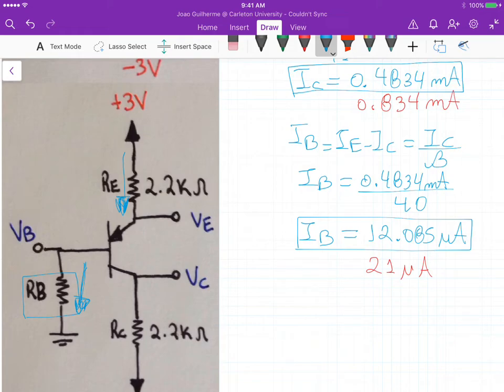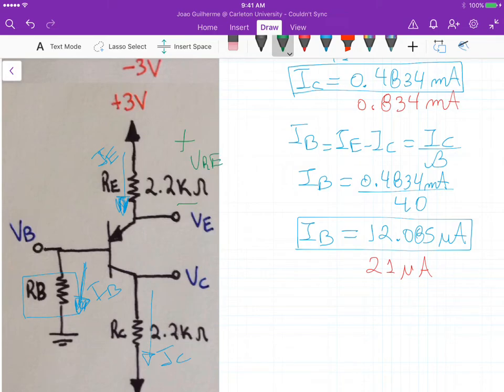So we just applied the same methodology. Because we now know all the currents, we know IE here, we know IB, and we know IC here, we can calculate those voltage drops.